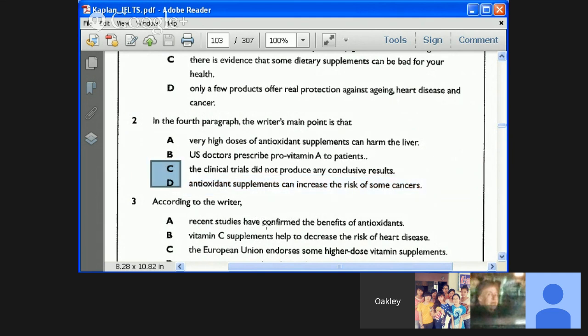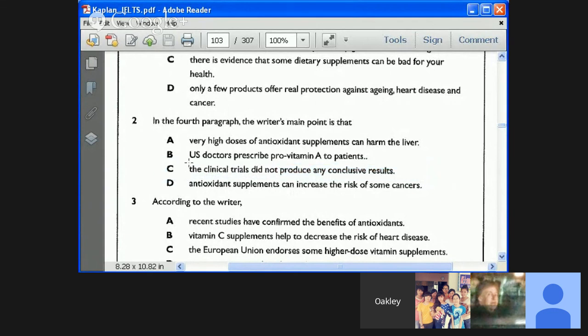Now we have a problem. C and D seem to be reasonable. Now this is going to happen to you when you take an IELTS test. False. Sorry? What's that? I'm sorry? C is false? You're right. They did not produce conclusive results because they did not produce any results, actually.